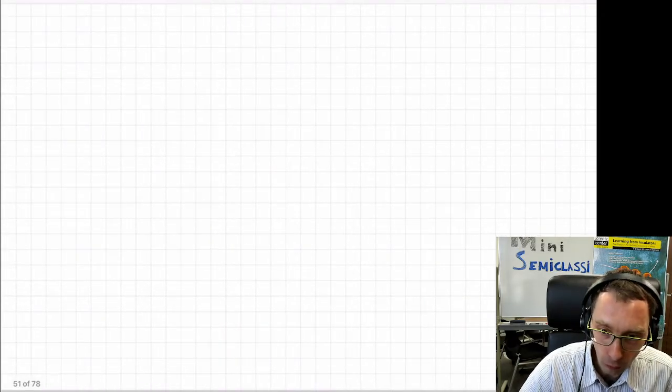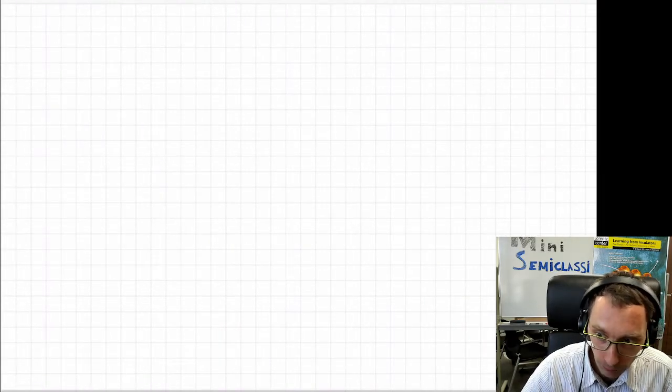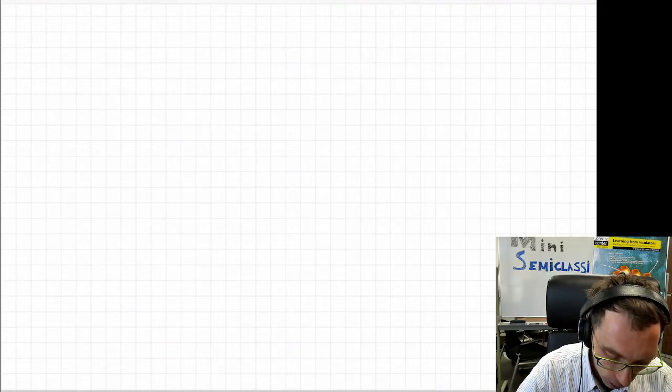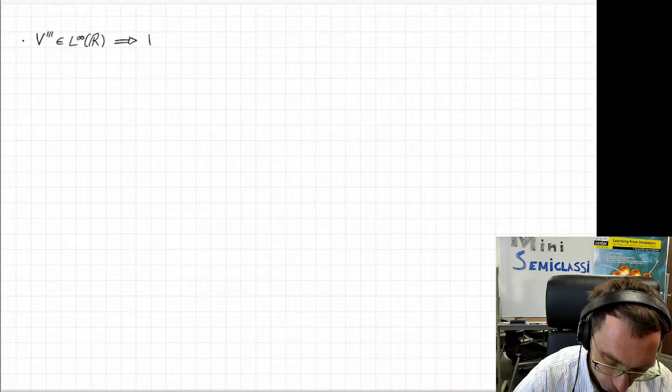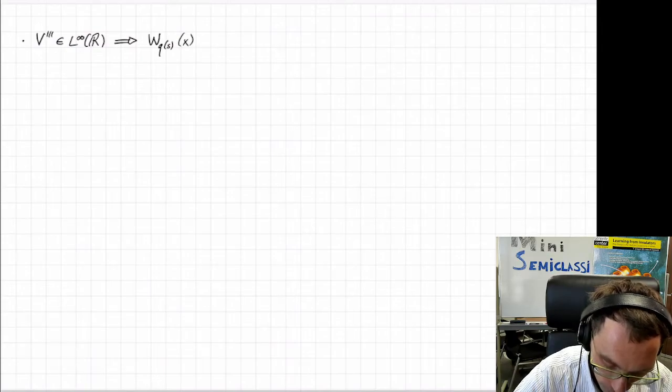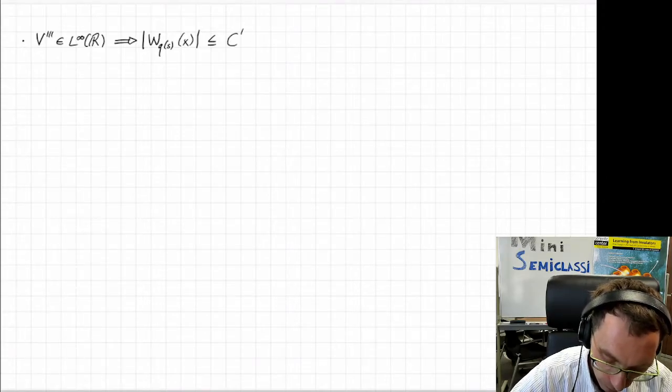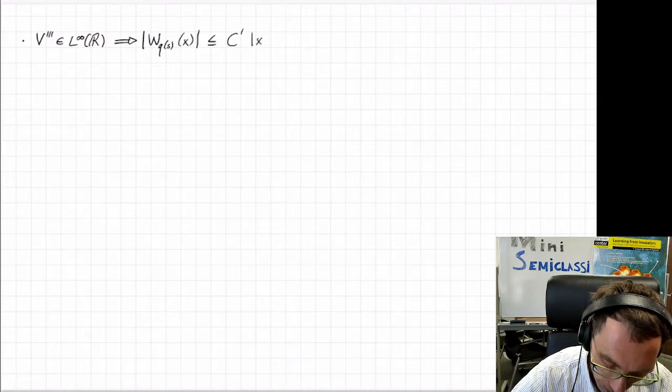And now, you can already see where this is going. Now we use the fact that the third order derivative of the potential was bounded by assumption. That means that the potential remainder W_q of S can be estimated in absolute value by some constant C prime times x minus q of S cubed.